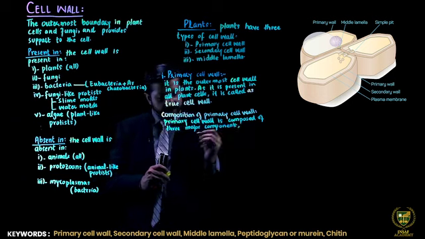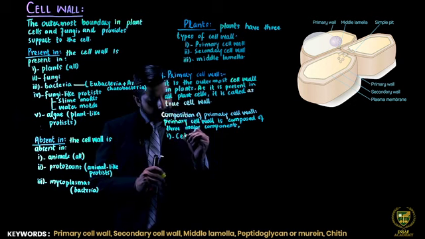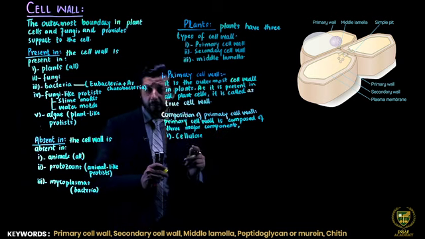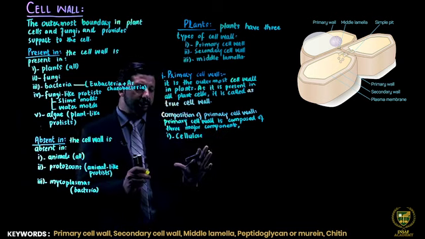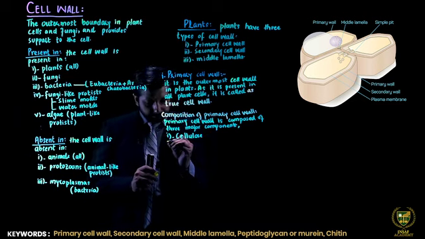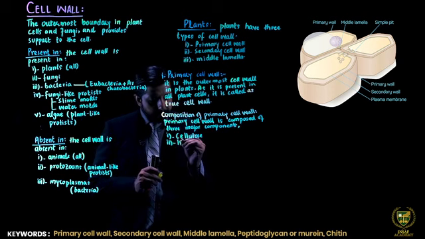Clear? Number one is cellulose, the major contributor in the primary cell wall. Number two is the hemicellulose.